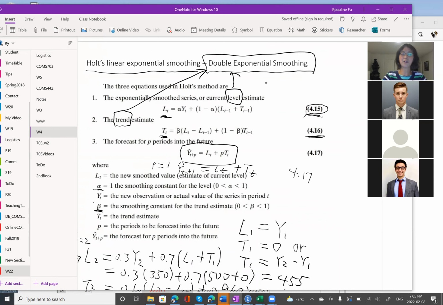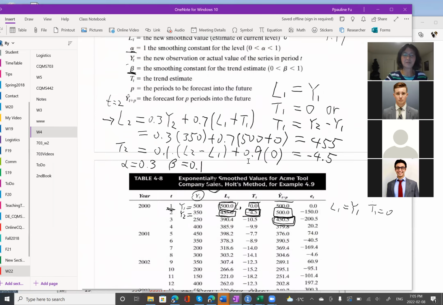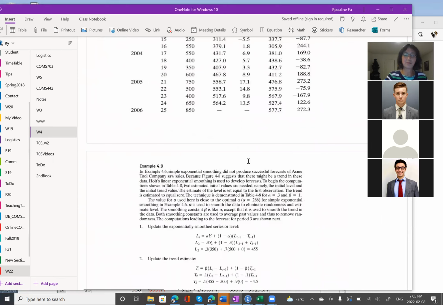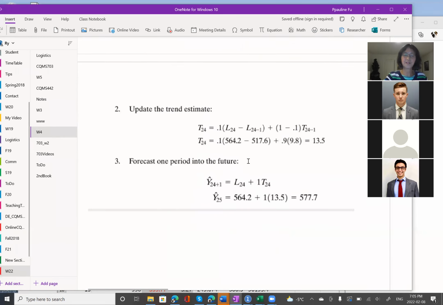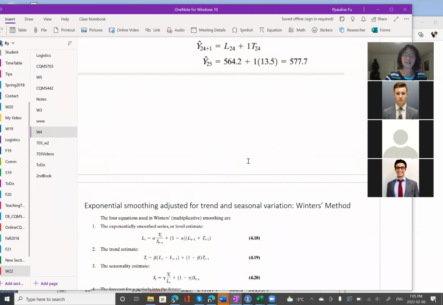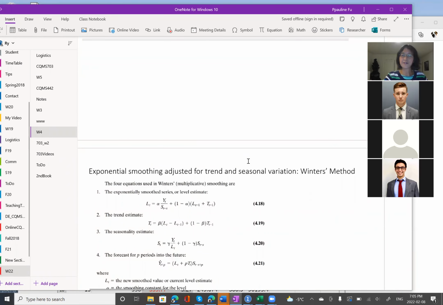When you use double, you use not only level but also trend. So I gave you the example for 4.9. We did that. Any questions?